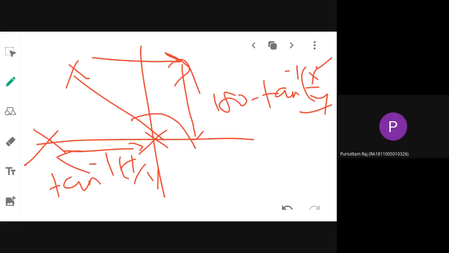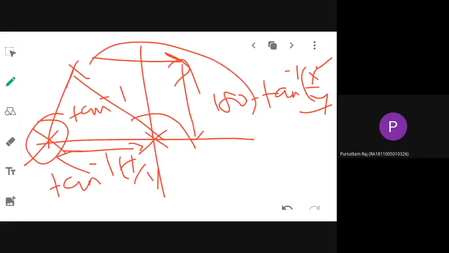If a problem does not have a pole like this, we will directly write it as tan inverse. Because it is in the other quadrant, you do 180 minus tan inverse. I think all this was covered in your trigonometry classes, and based upon that you calculate all these angles.